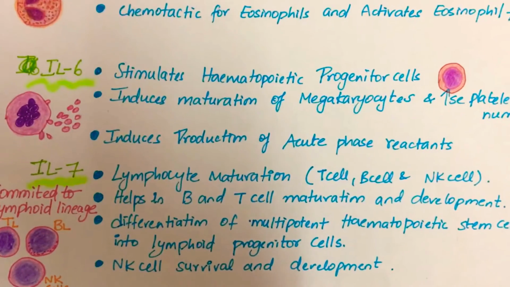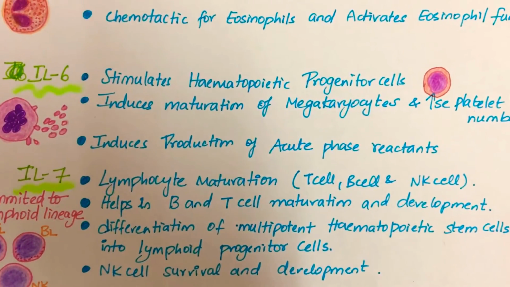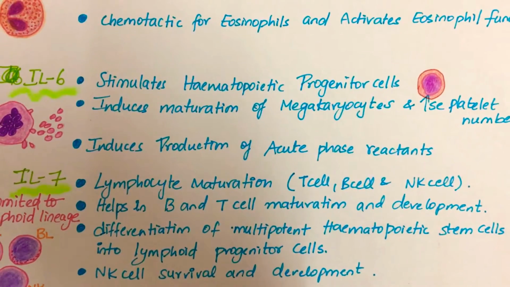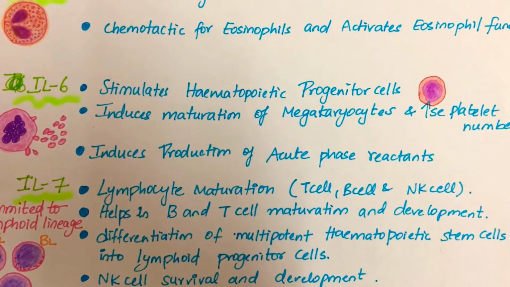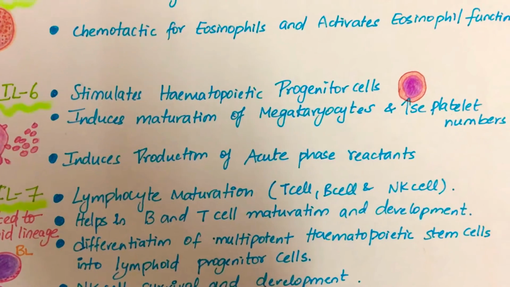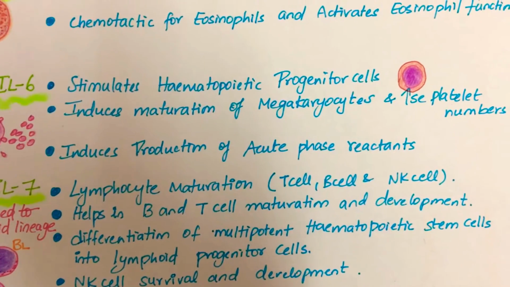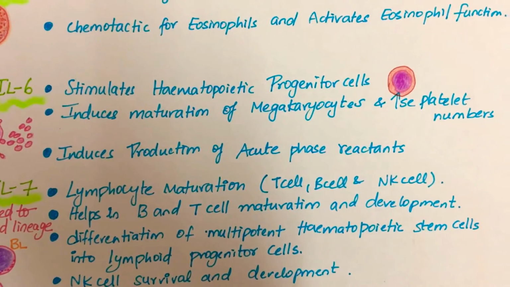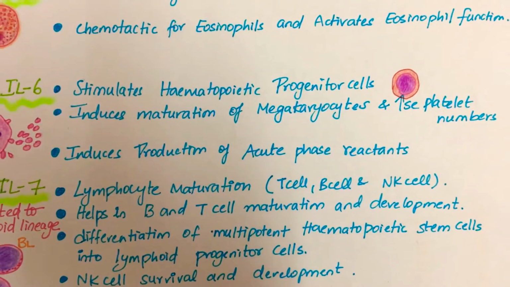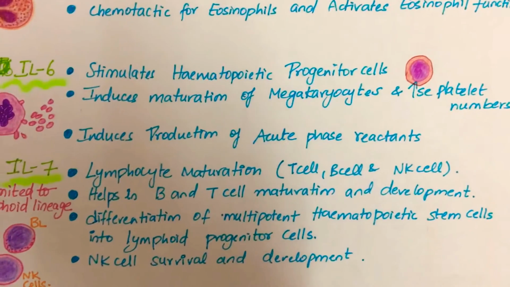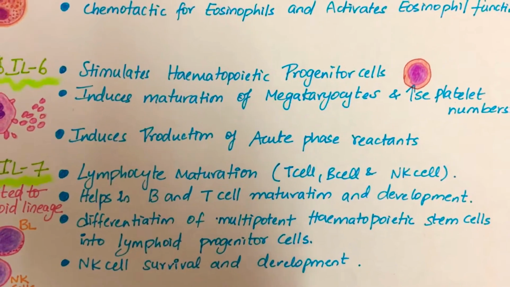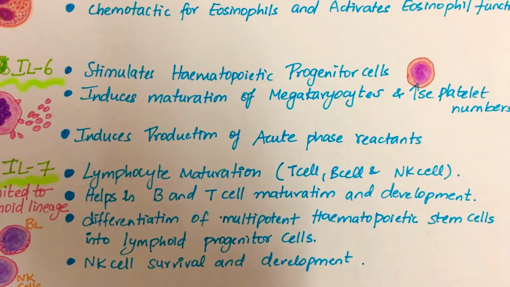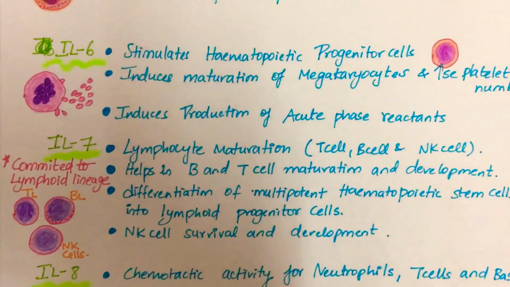And coming to interleukin 6, it is going to stimulate the hematopoietic progenitor cell and enhance the maturation of megakaryocytes, eventually increasing the platelet number. It's also going to enhance the production of acute phase reactants.